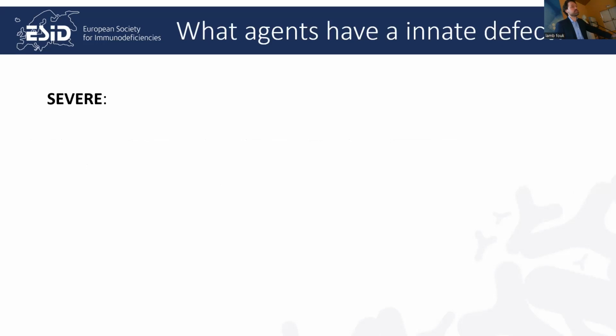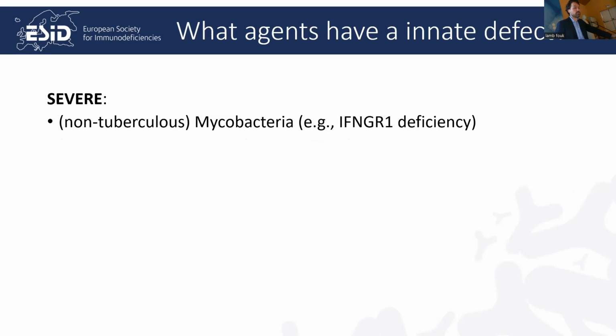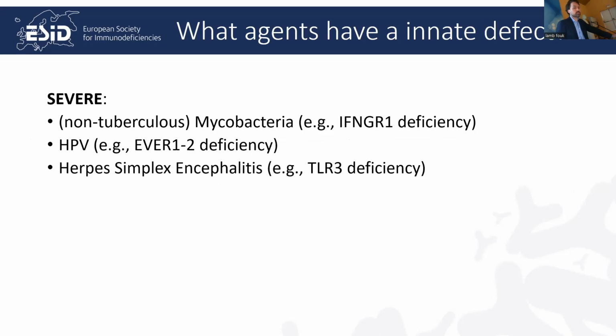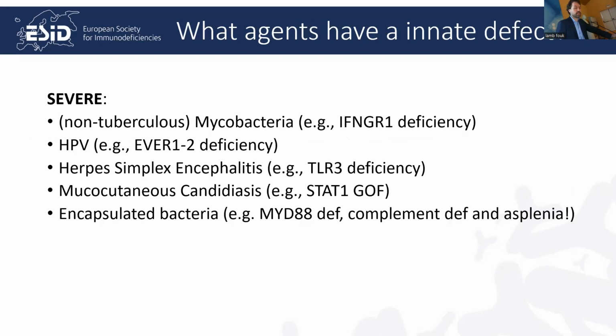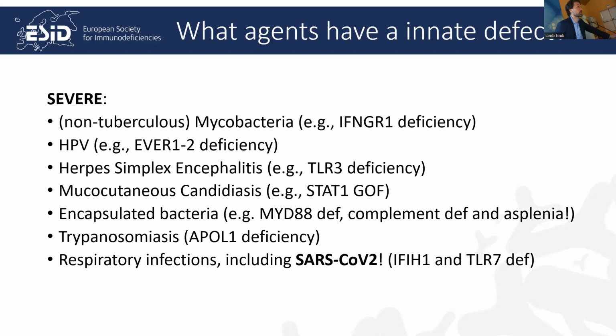So what agents do have a known innate defect? Severe non-tuberculous mycobacteria, HPV, so severe warts, herpes simplex encephalitis, which has quite a long list of associated defects, mucocutaneous candidiasis, encapsulated bacteria, and here you find the complement and the spleen, trypanosomiasis, and respiratory infection.